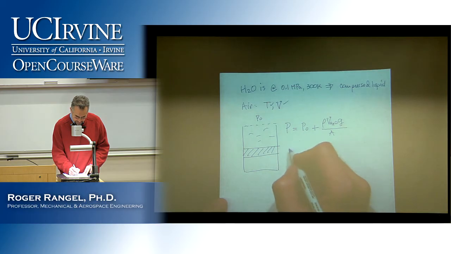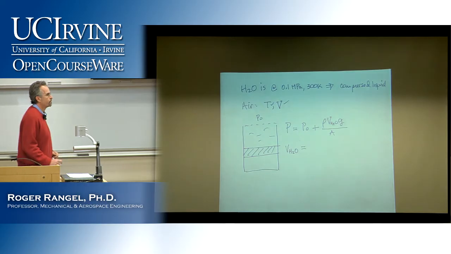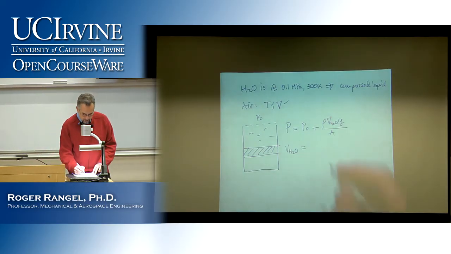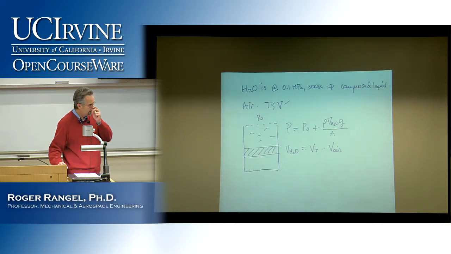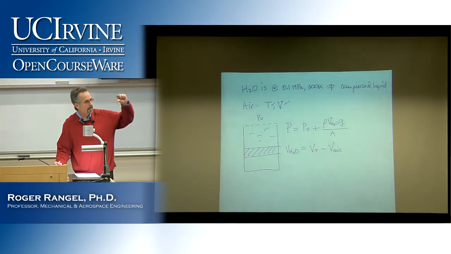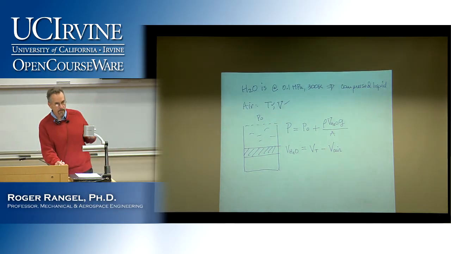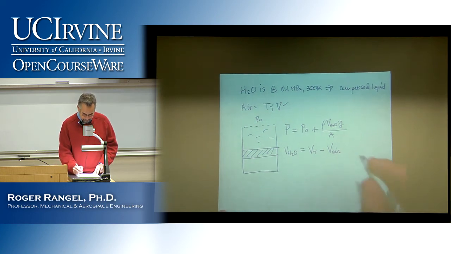What is the volume occupied by the water? It is the total volume minus the volume occupied by the air, neglecting the thickness of the piston, which we can go ahead and neglect.